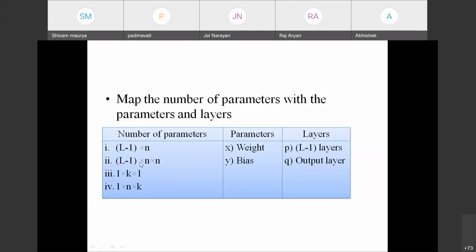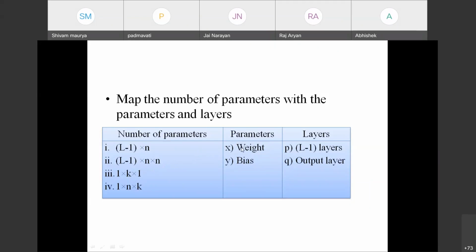So the dimensionality of the weight matrix should be N cross N. We are trying to compute for hidden layers, and each hidden layer has N cross N. We all know it will not be bias, because N cross N itself suggests that it is a matrix, and we know weights are in the form of matrix, right?